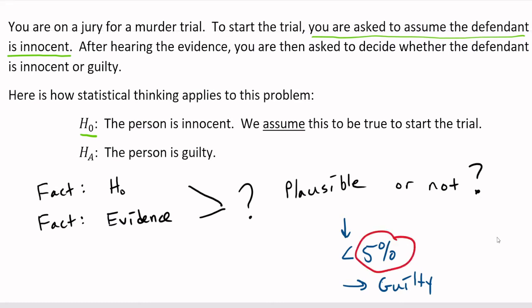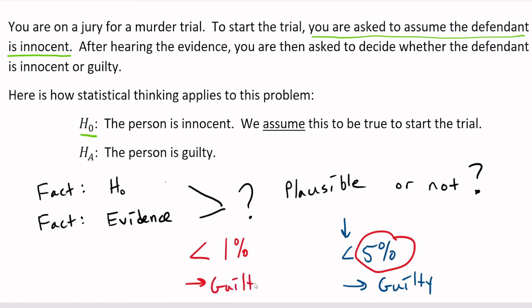Do you think this number should be higher, should be lower? Would you be more comfortable if the decision was based on, and you could just think for yourself, for everyone, would you be more comfortable if instead it was, given all of this is true, they're innocent, and all of the evidence you have, the chance that all of this could be true together, if that's less than 1%, then you would say guilty.